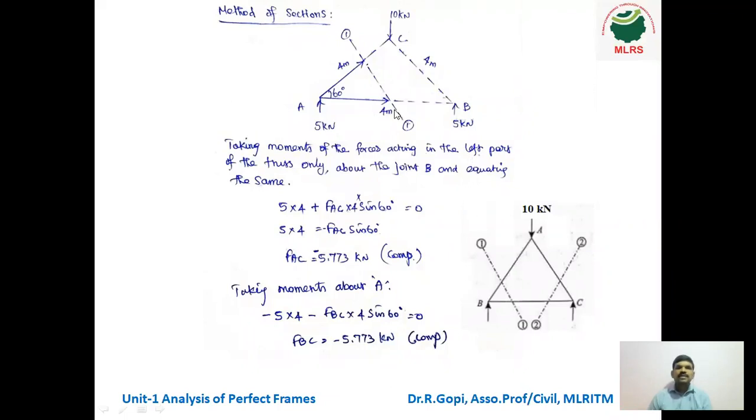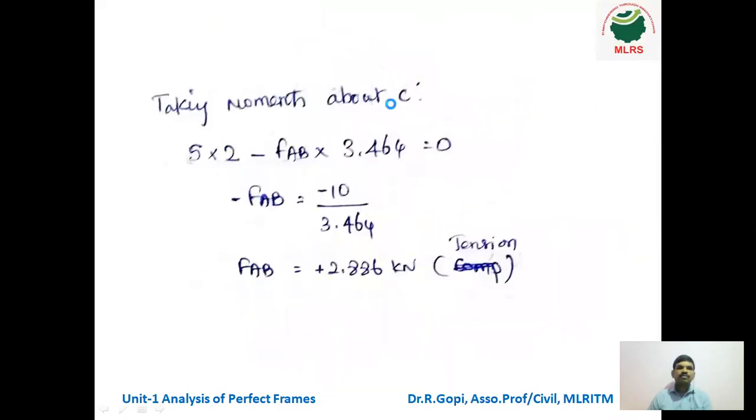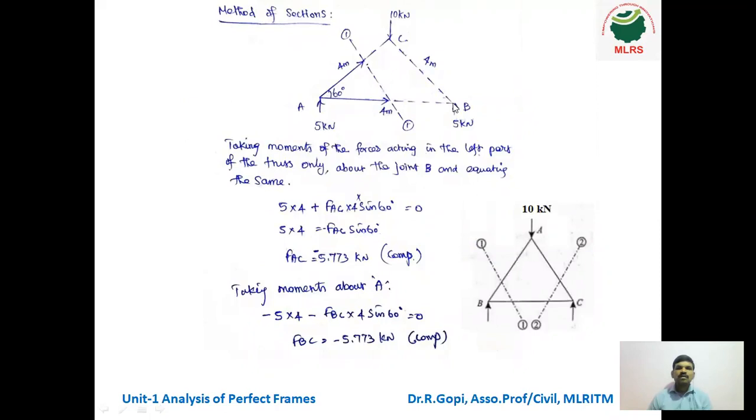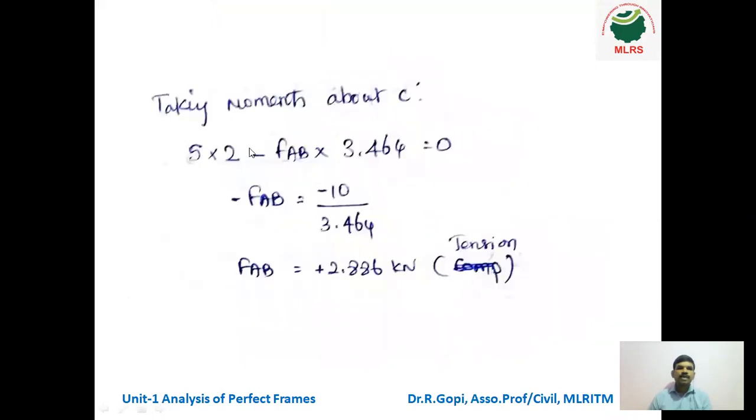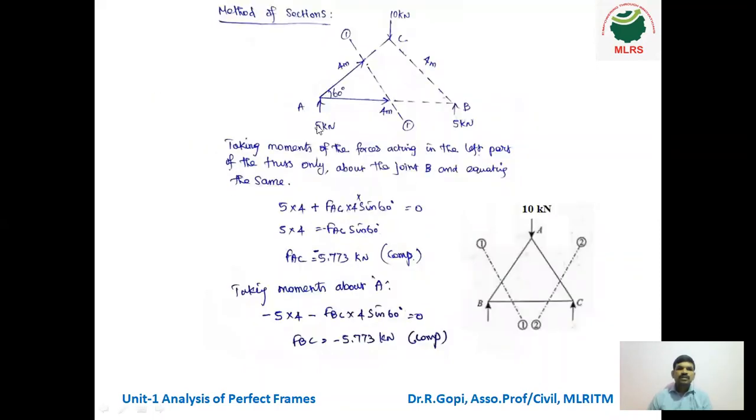Next, FAB. For FAB, where do we take moments? As I already told, choose the opposite joint. What is the opposite joint of FAB? C. So take moments about the point C. First, the reaction force into its perpendicular distance.